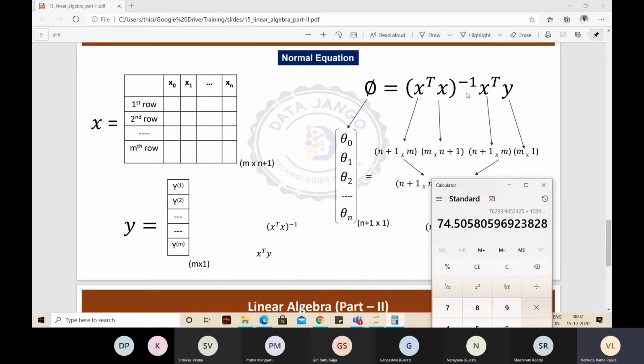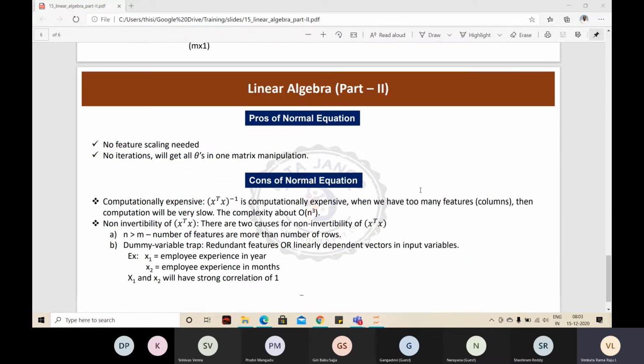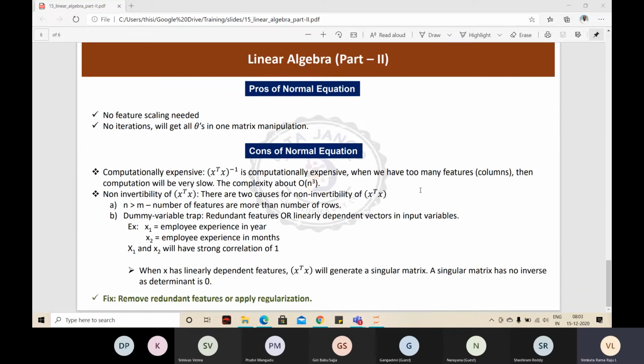So the normal equation solver has difficulty handling huge volumes of data, and now we are going to learn an algorithm which can handle huge volumes of data. Pros with the normal equation: no feature scaling needed, no iterations.